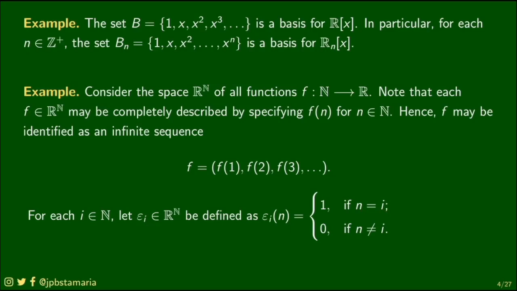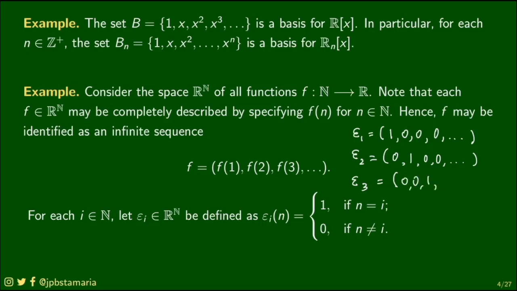So when we talk about epsilon sub 1, we mean the infinite sequence with zeros as all the terms except for a 1 on the first coordinate, like so. When we say epsilon sub 2, we mean the one whose second term is 1, and all the terms are just zeros. Epsilon sub 3 is the one with zeros as all the terms except for a 1 on the third term, and so on.